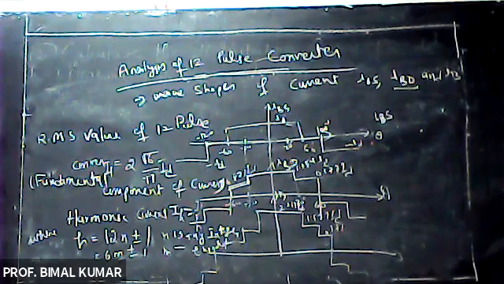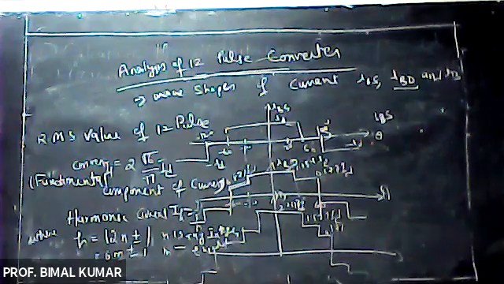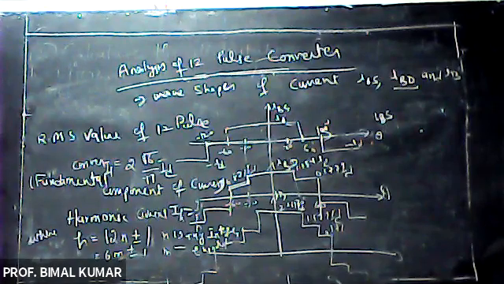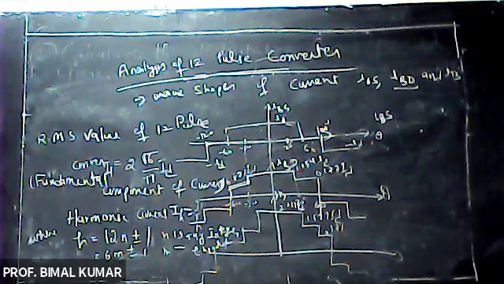The transformation ratio is the ratio of the number of primary winding turns to the number of secondary winding turns, or it is equal to the ratio of the primary induced voltage to the secondary induced voltage.